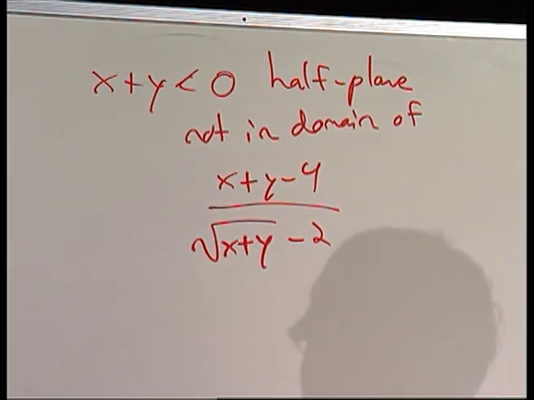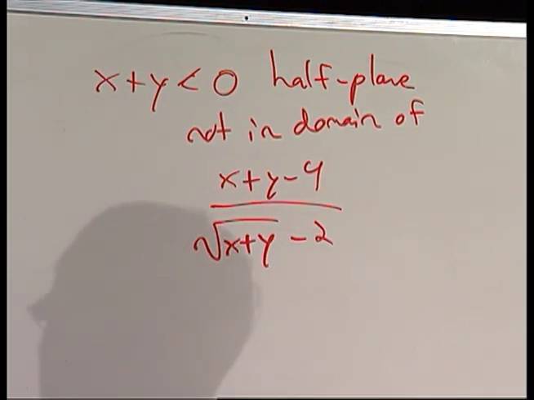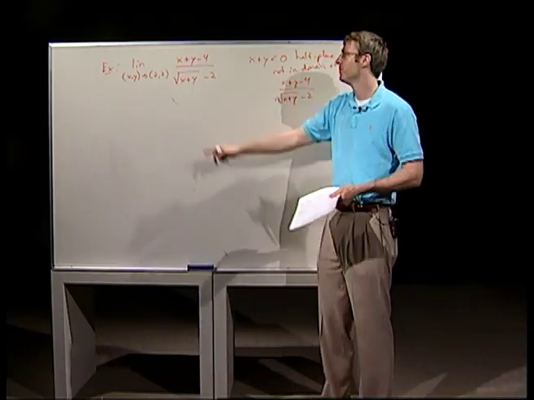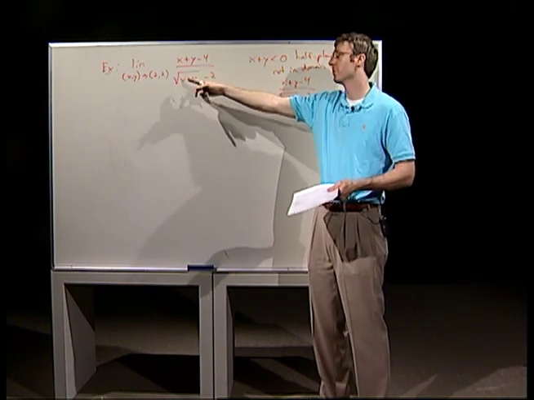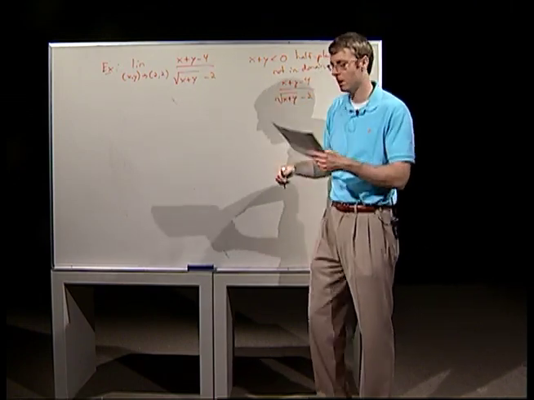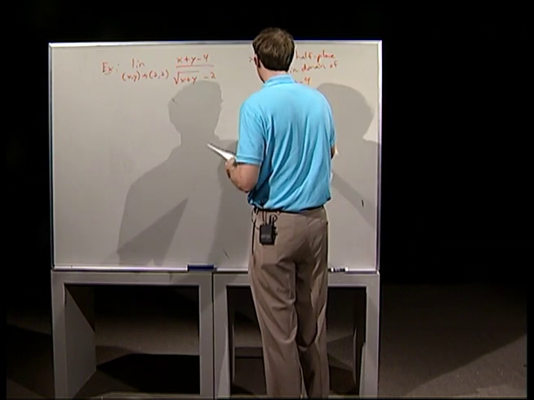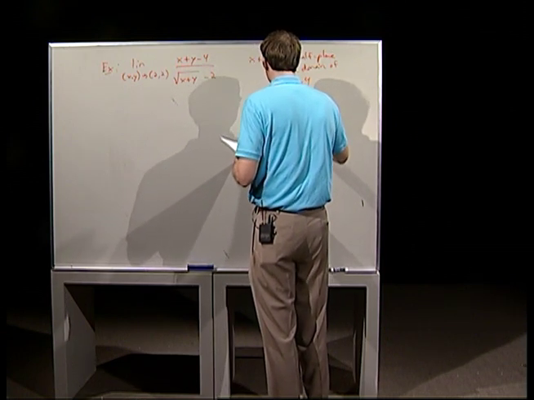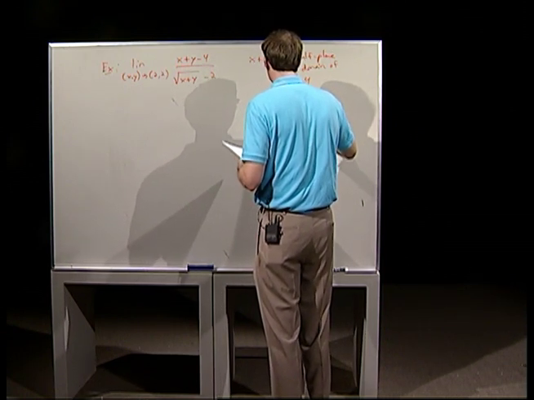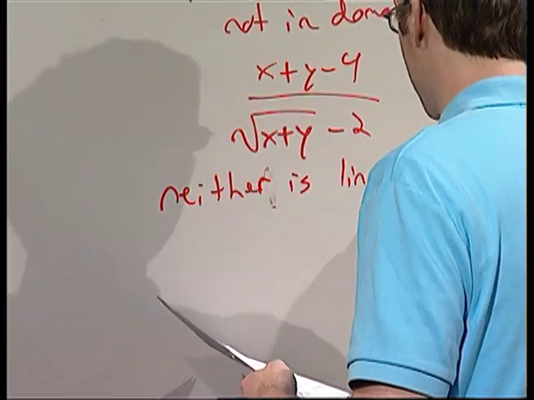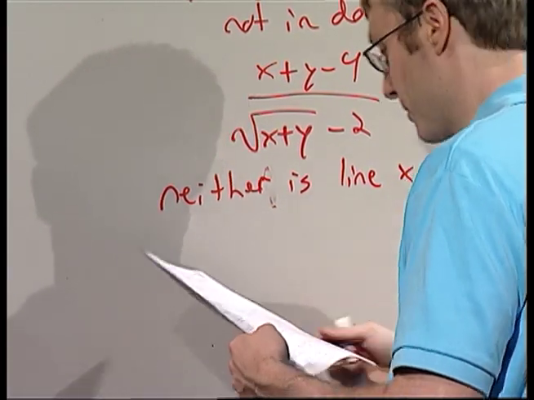But neither is the line x plus y equals 4. Why? Because if x plus y is 4, we have root 4 minus 2. That's 2 minus 2, that's 0. So neither is the line x plus y equals 4.